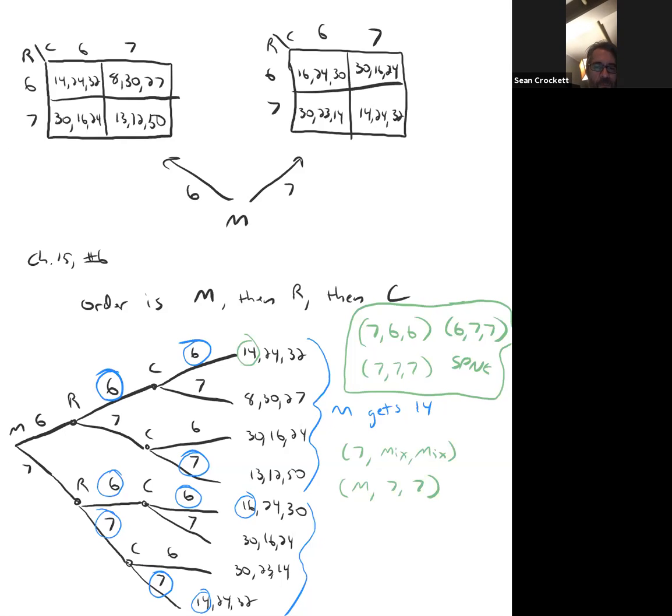So the equilibria that you're talking about, we would write it as player 1 picks 6, player 2 picks 6 in the top one and 7 in the bottom one.